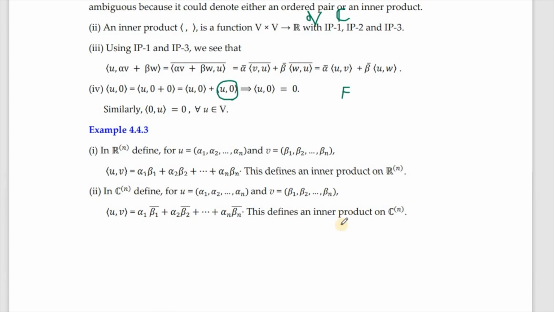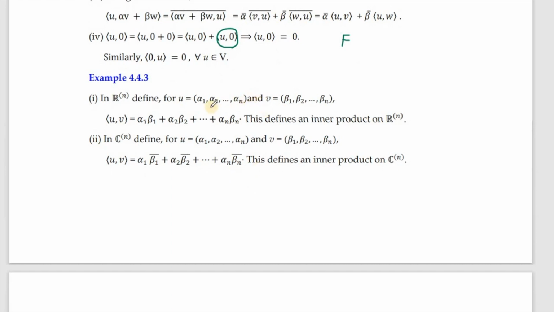There we will consider the standard inner product, which is defined as follows. In this case, we have inner product of u, v defined, with all of them being ordered n-tuples, as alpha 1 times beta 1 plus alpha 2 times beta 2 plus up to alpha n times beta n. This is the usual product of real numbers. When you define the inner product u, v in this way, we can easily check all three axioms for this to be an inner product space.